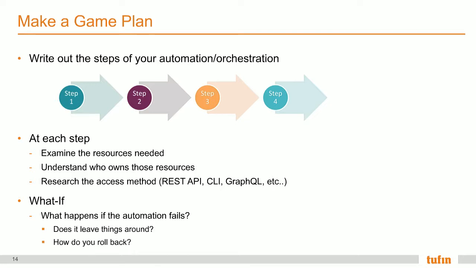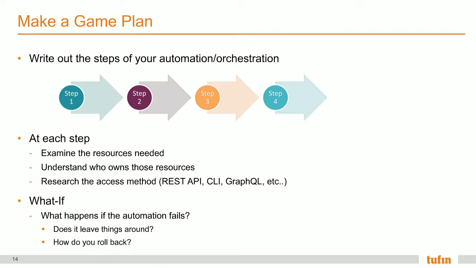And then additionally, look at each step and think about what happens if it fails. This is a really important thing in automation, because you want to leave the environment the way you found it. So for example, with what we've been talking about, creating VMs and rolling out software, perhaps you get to the point where you've rolled out the VM and you're ready to push code to it, and then you realize the code is not there anymore.